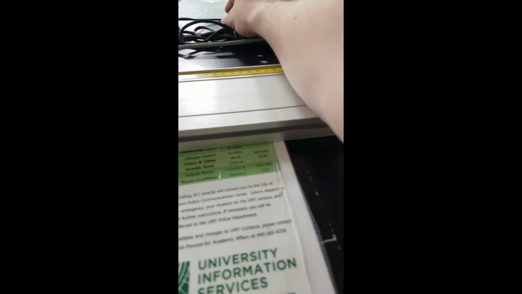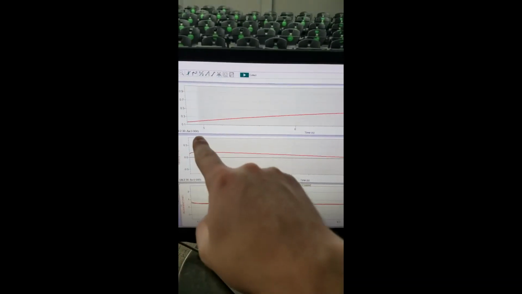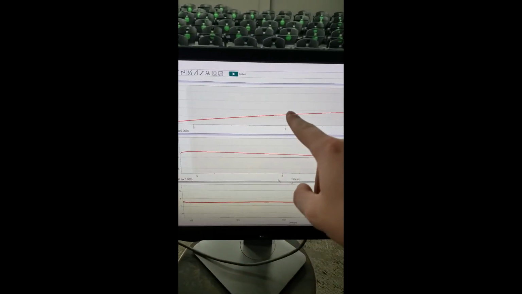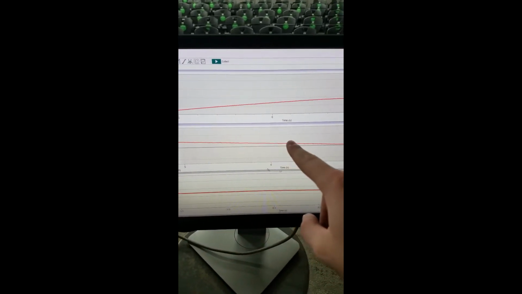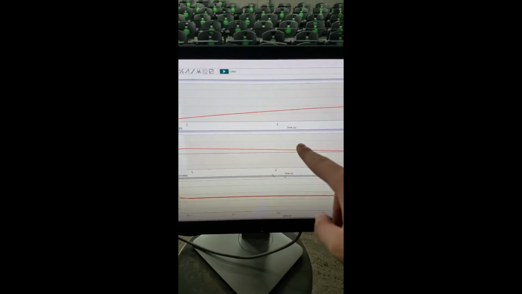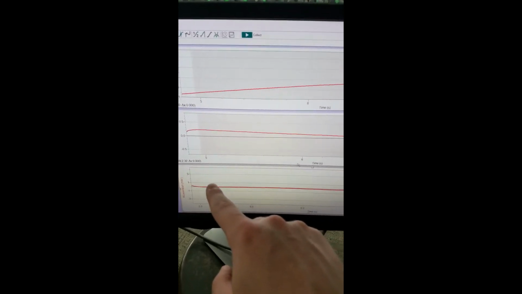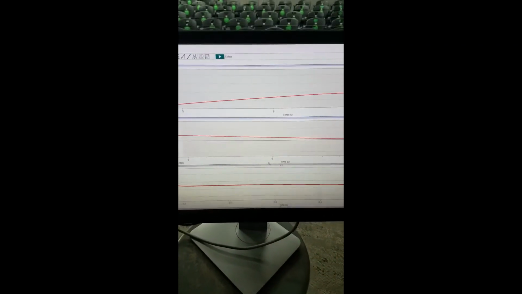There we go. So as you can see here, the overall position is going up, up, up steadily, and our velocity is overall behaving very close to a flat line, and our acceleration is near zero.